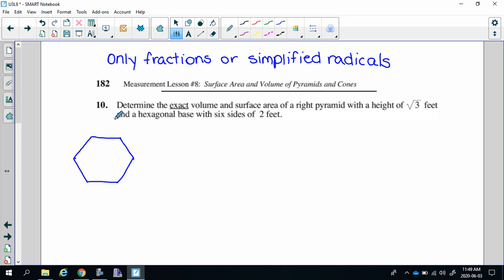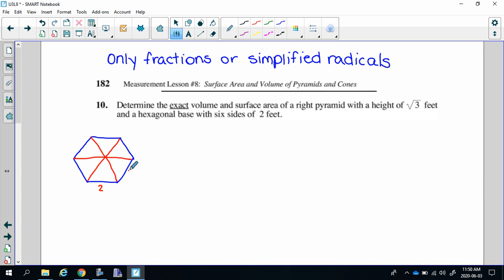And in order to find the area of the base of a hexagon, I'm going to do it in red, we're going to draw triangles. So I've got one here, got some here. Okay. And the measurement for that is 2 feet. Okay, so if this is 2 feet, I'm just going to mark it with a 2.